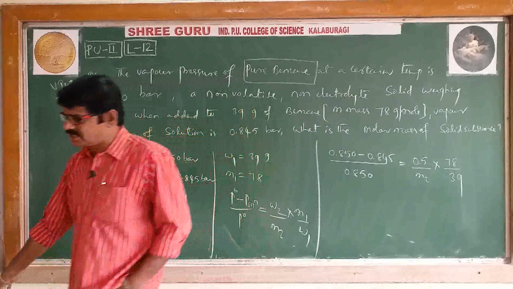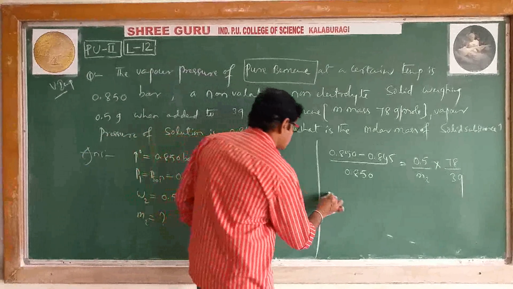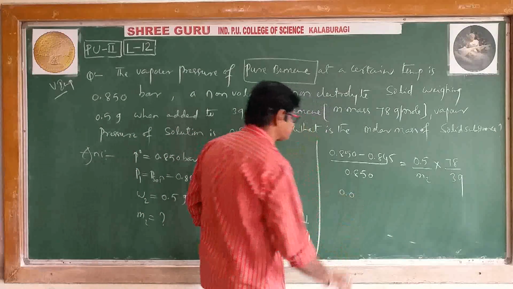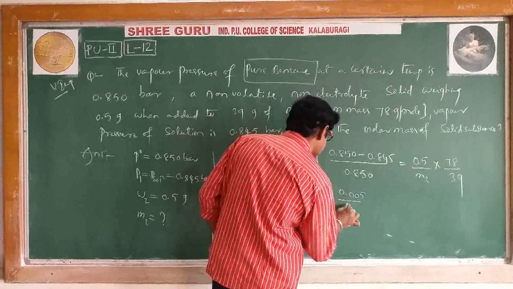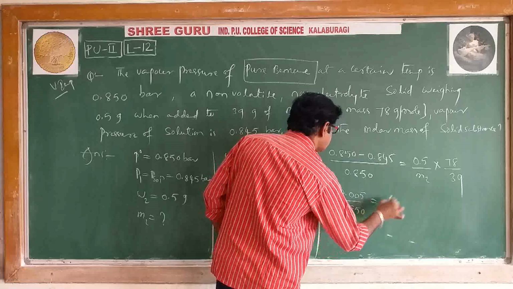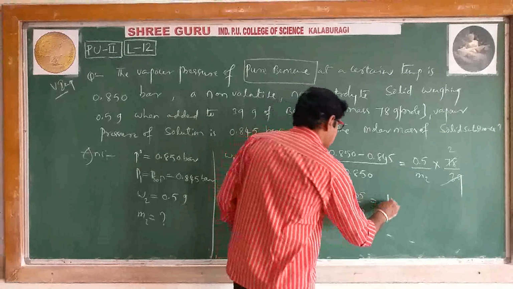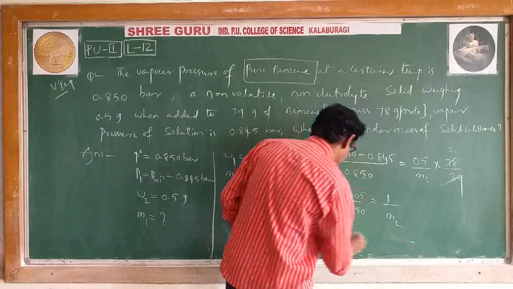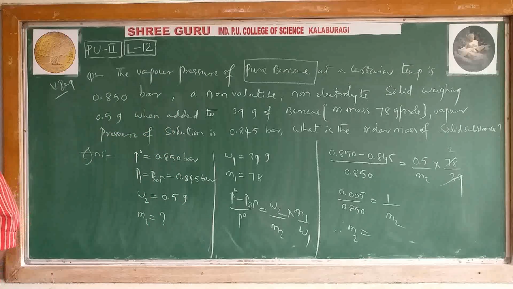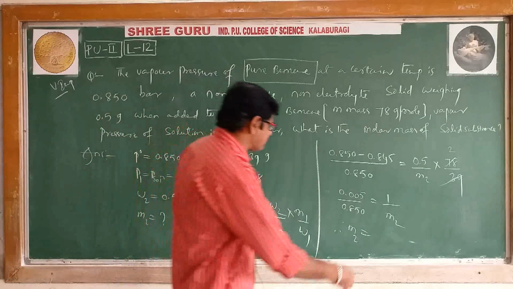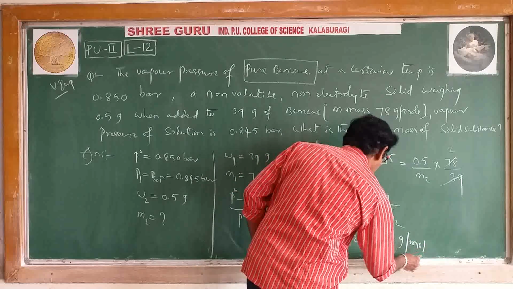We just substituted the data, and if you do the calculation, it is a subtraction, you will get 0.005 divided by 0.850 is equal to 0.5 into 2 by M2, and if you simplify you will get the molar mass of solute 170, you will get 170 gram per mole as your answer.